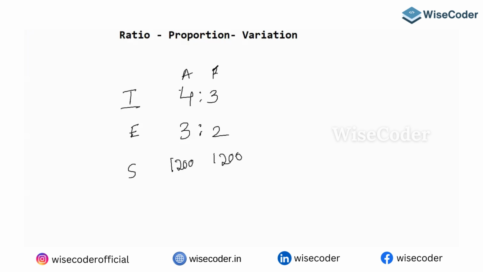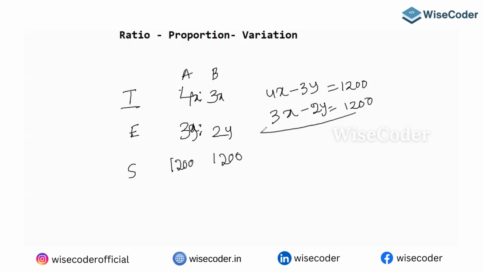So the incomes of A and B are 4x and 3x. Generally, income minus expenditure is savings. Here also, 4x minus 3y is equal to 1200, and 3x minus 2y is equal to 1200. You need to figure out x and y.